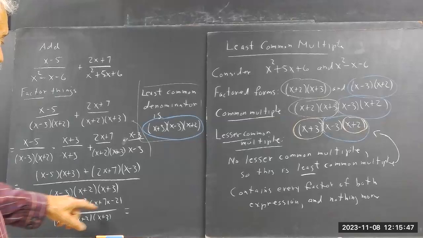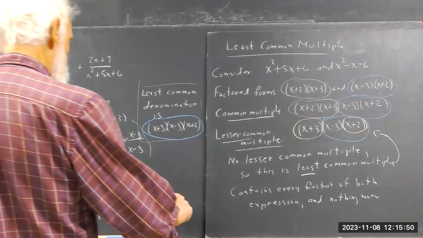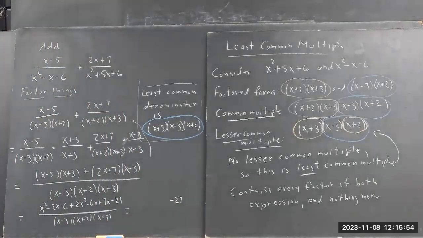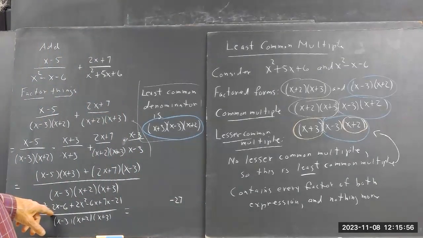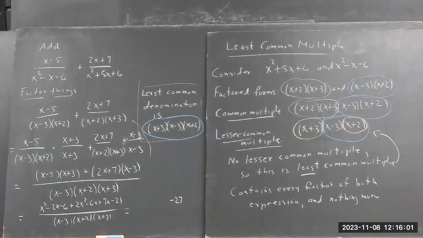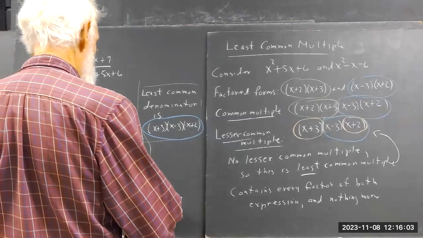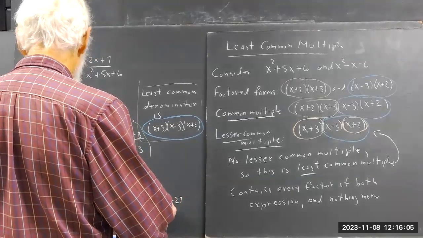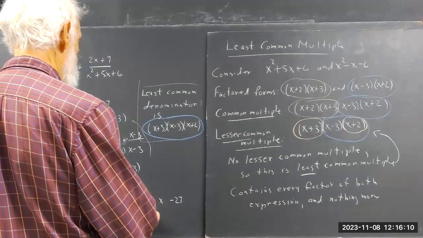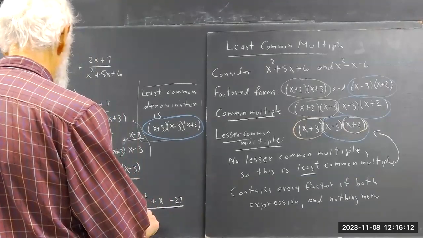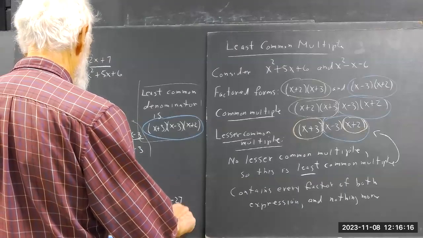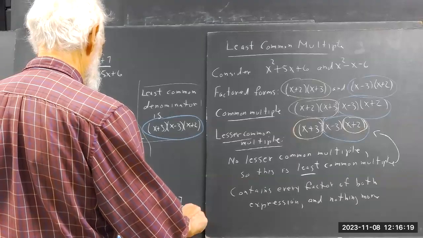We have a minus 6 and a minus 21, which is going to give us a minus 27. And we have a minus 2x, a minus 6x, and a plus 7x, which gives us plus x. And then we have 3x squared. That's all over x minus 3 times x plus 2 times x plus 3.